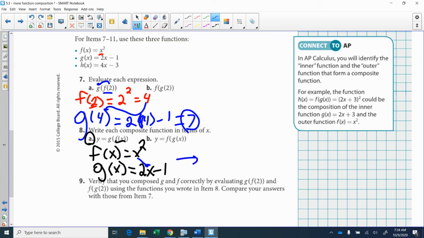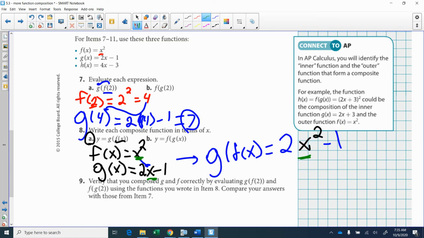This would become g of f of x equals 2. That x gets replaced with an x squared minus 1. So notice how all I did was change this to this old equation of f of x.